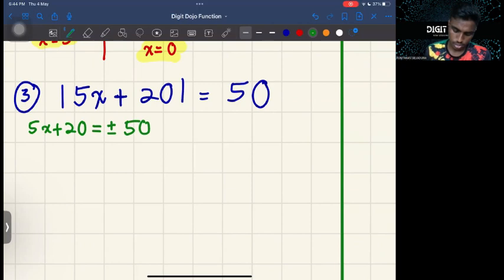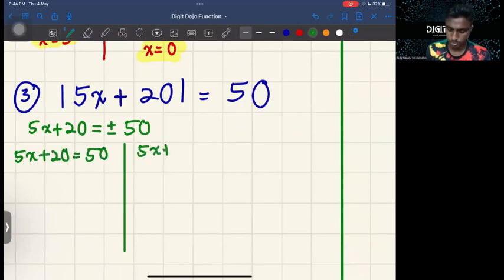And straight away one straight line because there are two possibilities. This is how I prefer to do it. I'll write both possibilities. 5x plus 20 equals to 50. 5x plus 20 equals to negative 50.